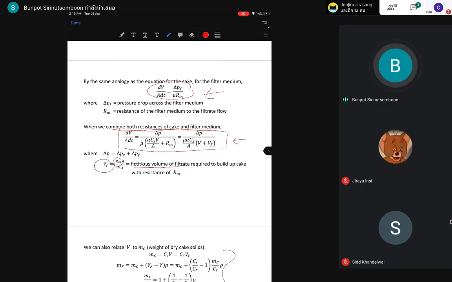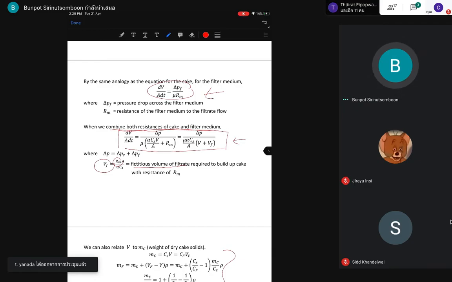So if you look at this equation right here, usually the goal is to determine the properties of the cake, like the alpha value, or maybe the property of the filter, like the RM value. Usually, if you look at this, it's not a linear equation, right? You have dV by dt, and some of the terms multiplied together.